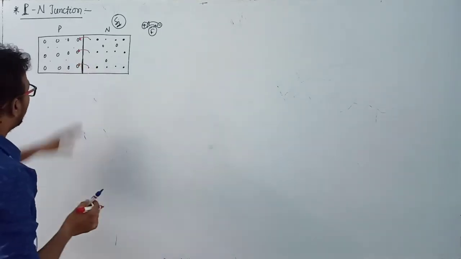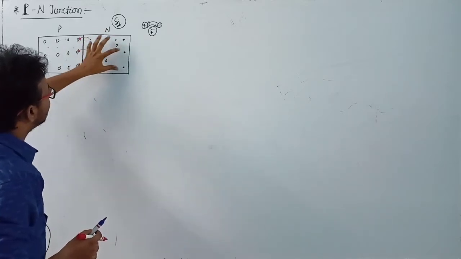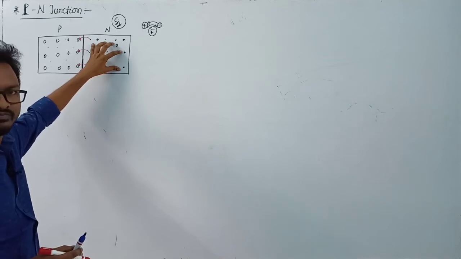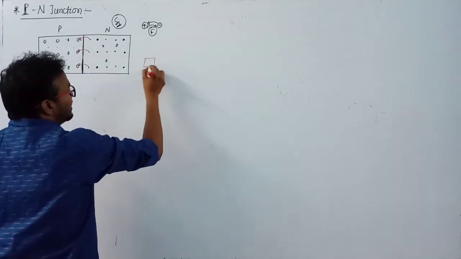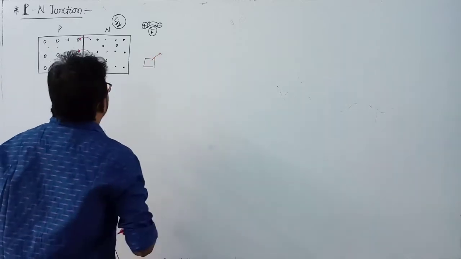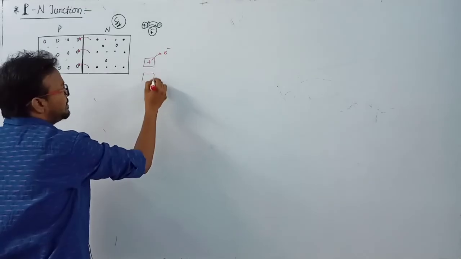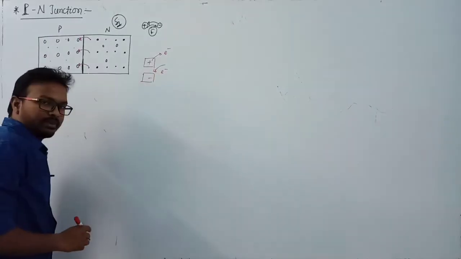Clear? Now if all the electrons jump here, initially this crystal, the silicon crystal, is in a neutral state. We already know, if a substance donates one electron, then this substance will be positive. If this substance accepts one electron, then this substance will be negative.